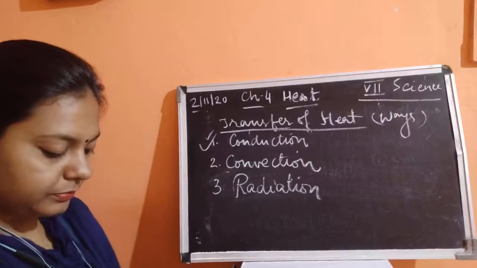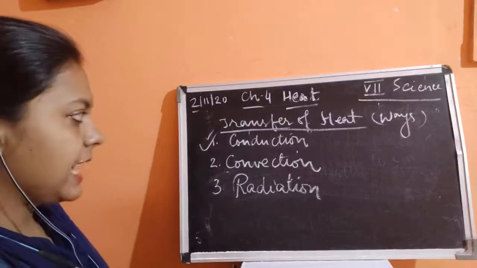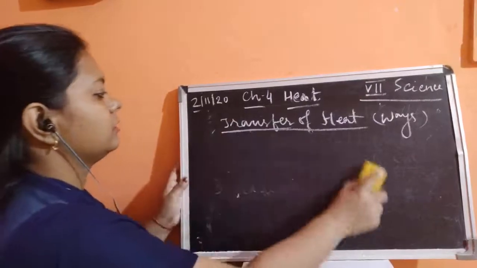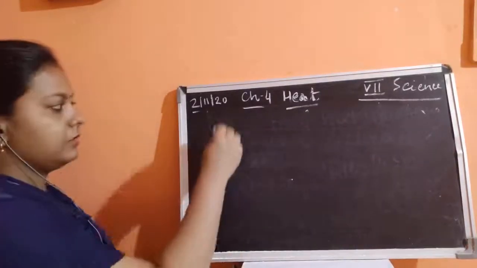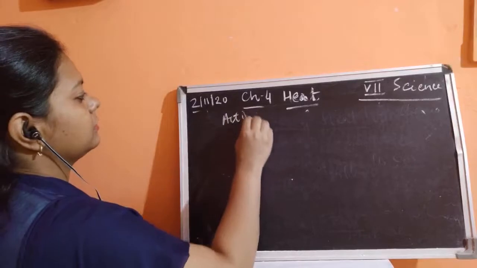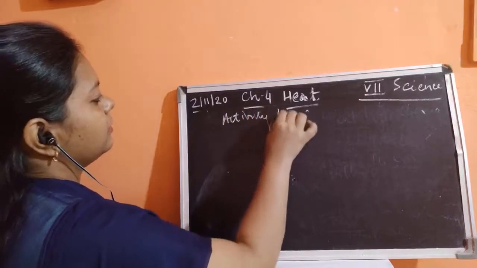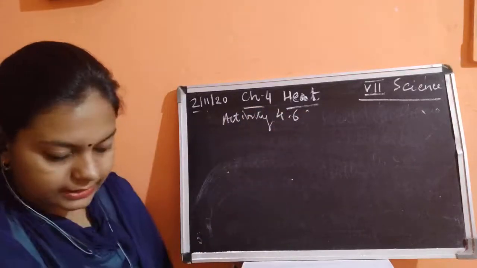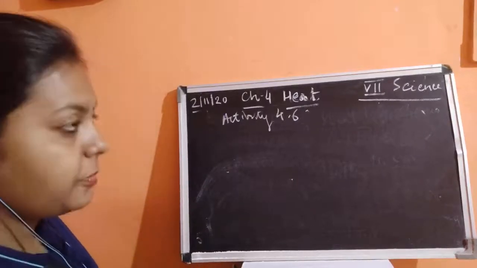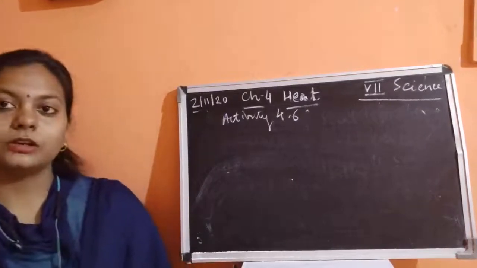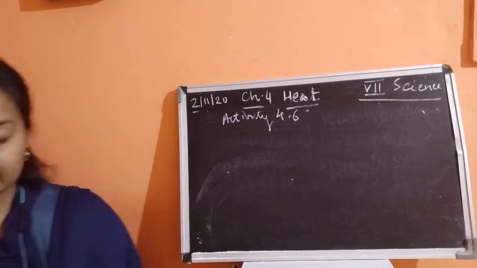Before that there is one activity given here, activity number 4.6. Take a rod or a strip of metal, say aluminium.